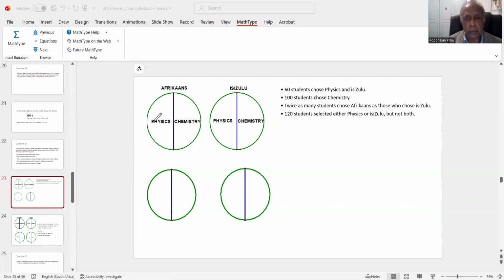Okay, so everyone does one of these. They belong to one of these. So therefore, you'll have to add up all the numbers. Okay, so where do we start here? There's 60 students who chose physics and isiZulu.